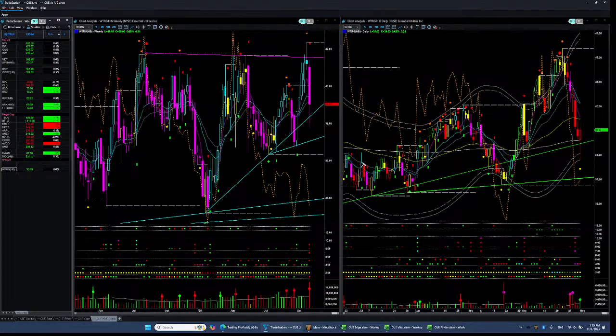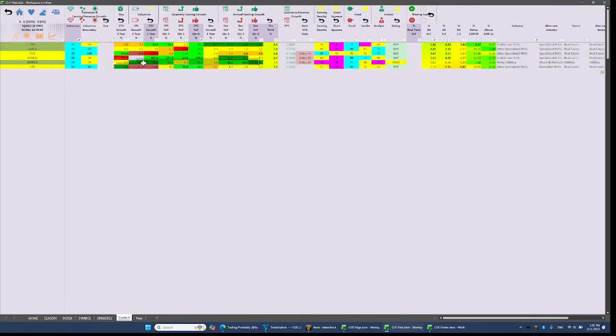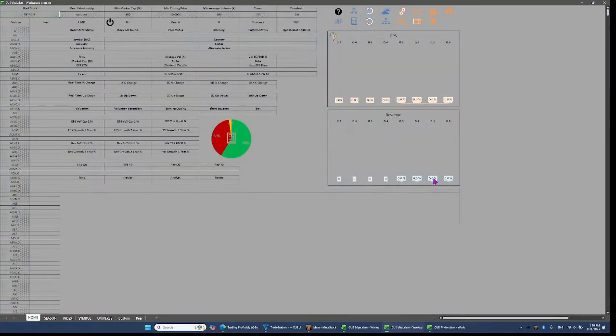This one I like. It stopped right at the weekly trend line support as well as daily trend line support and went up with very high volume. It is giving a bounce long buy setup. Let's look at its single page scorecard, WTRG fundamental scorecard.